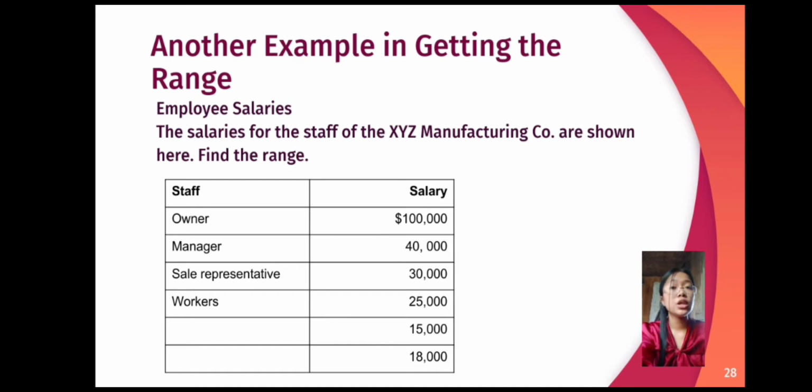The salary for the owner is $100,000. For the manager, it is $40,000. For the sales representative, it is $30,000. And for the workers, we have $25,000, $15,000, and $18,000. In getting the range, first we identify the highest value, which is the salary of the owner, $100,000, and the lowest value is $15,000, which is the salary of the worker.